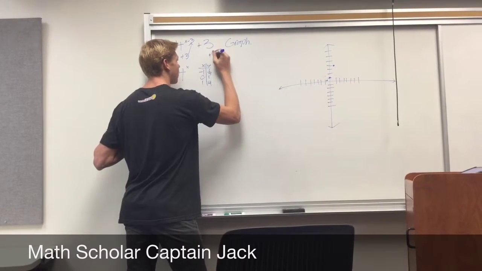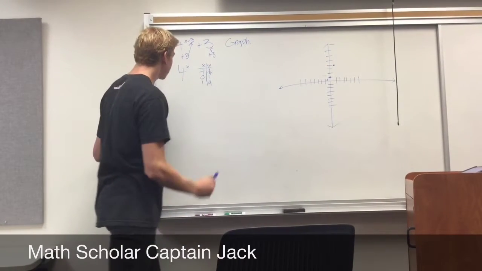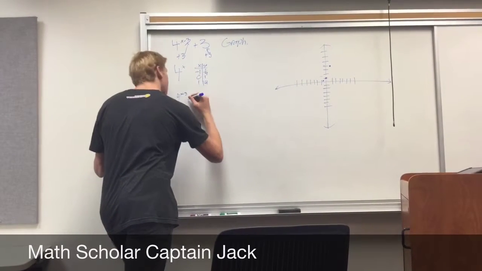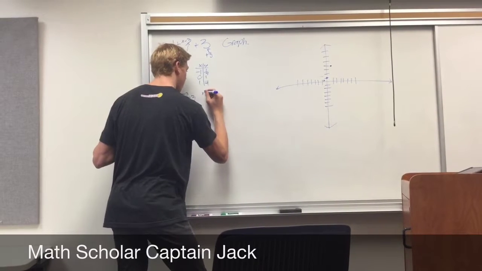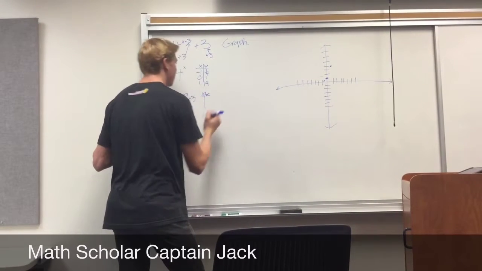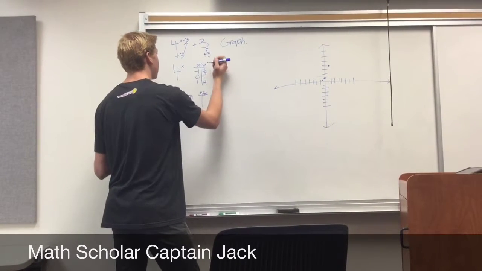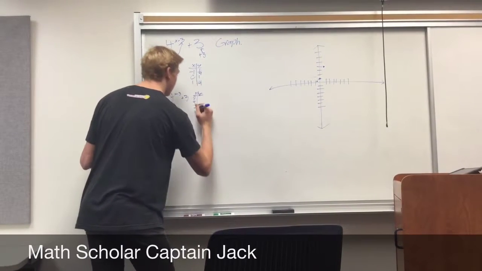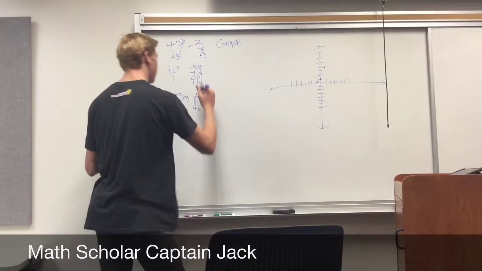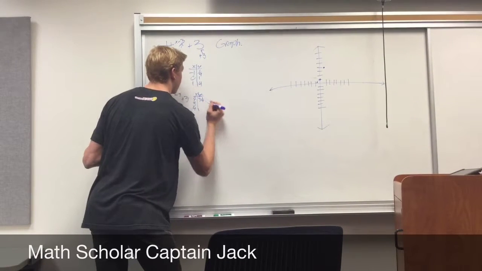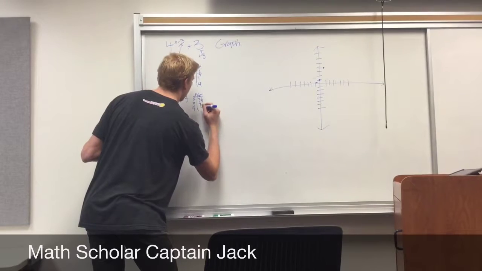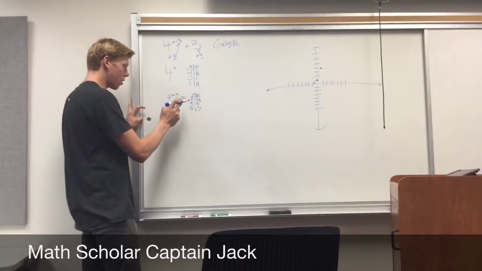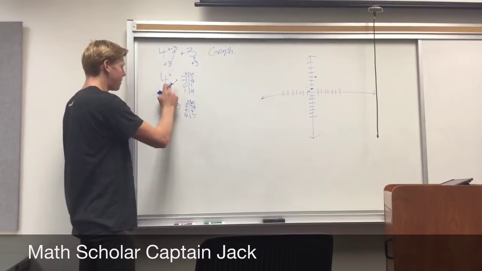Now we have to make a new xy chart for 4 to the x minus 3 plus 3. So our first point, if we add 3 to x, is going to be 2, then 3, then 4. And over here, we're going to have 3 and a fourth, 4, and 7. So these are going to be our points for the translation of the parent graph.